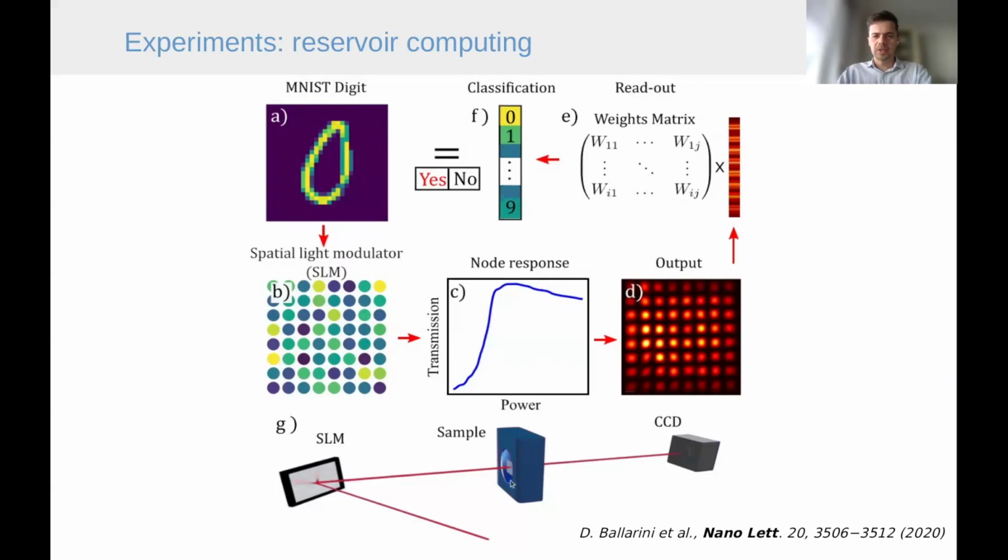So here the polariton sample's role was to provide this nonlinear transformation of this input information. So you can see the response function is really nonlinear, especially in this region. This output was then measured in a CCD camera, and this output layer, which is trainable, so this matrix of weights, was trained digitally.